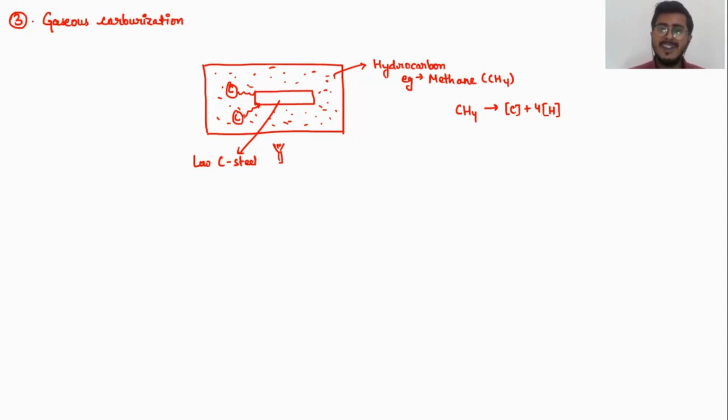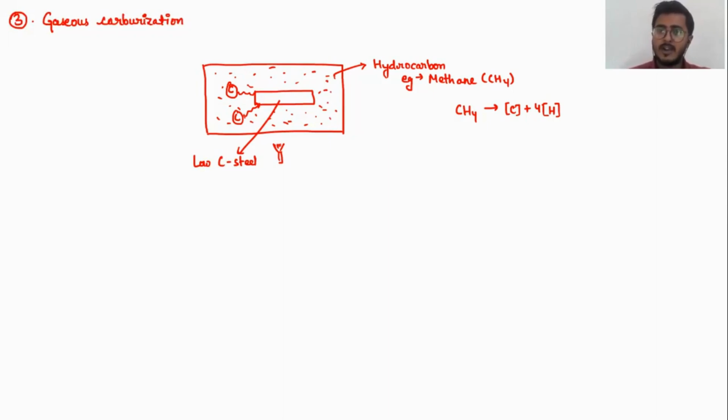Now, there are many advantages of gaseous carburization as compared to the other techniques, that is solid carburization and liquid carburization respectively. First of all, since it is present in the gaseous state, the diffusivity rate will be much higher. The diffusivity of a gaseous component is much higher as compared to a liquid, which is even higher as compared to the solid state.